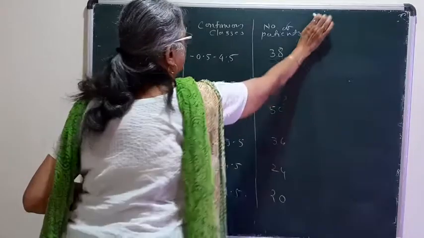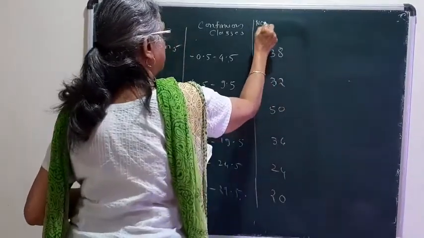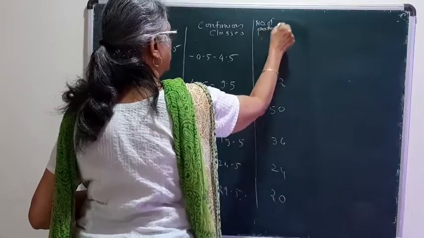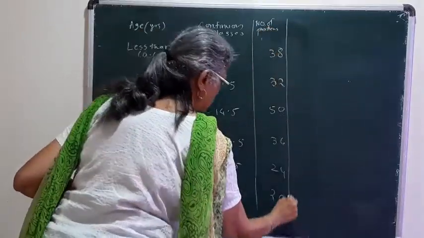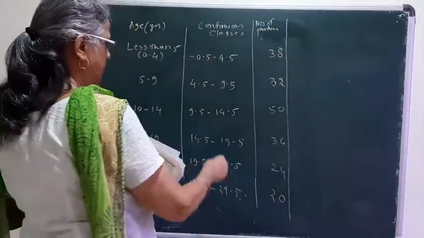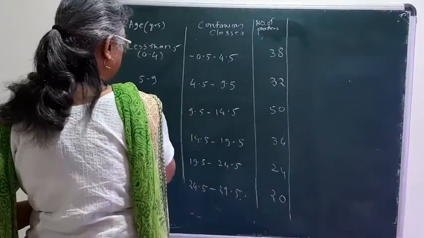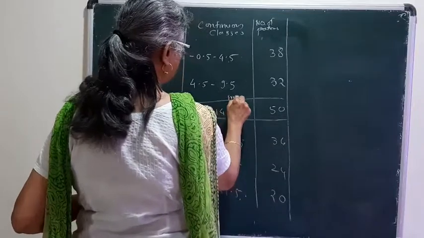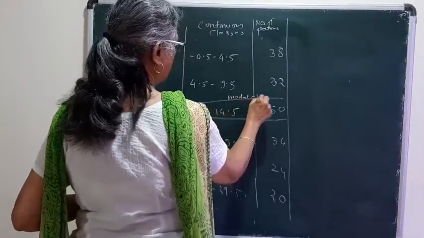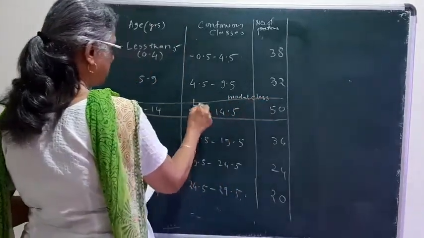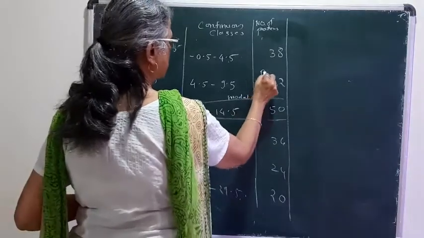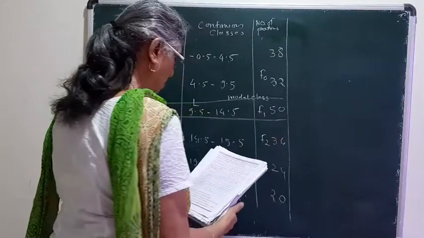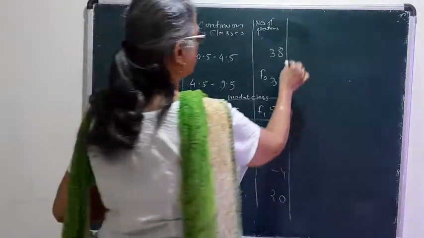So here 50 is the maximum frequency. So this will be the modal class. Now you have to consider L 9.5, F0, F1 and F2. Got? Now I will write the formula.